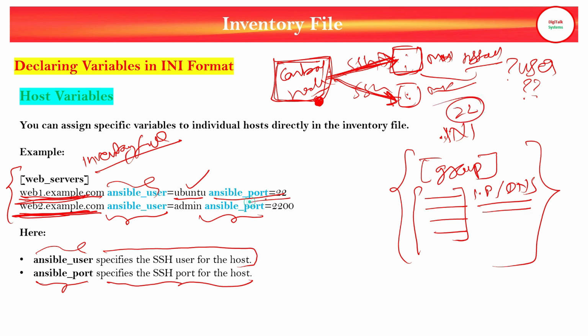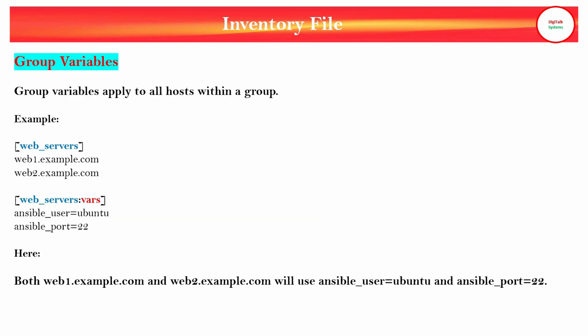Maybe you have some customization. If you have changed the SSH port in your environment to a custom port, then you can specify the custom port here. So along with the host name in the inventory file, we can specify the username and port to which it is going to connect. These are the two basic variables that we pass in the inventory file.